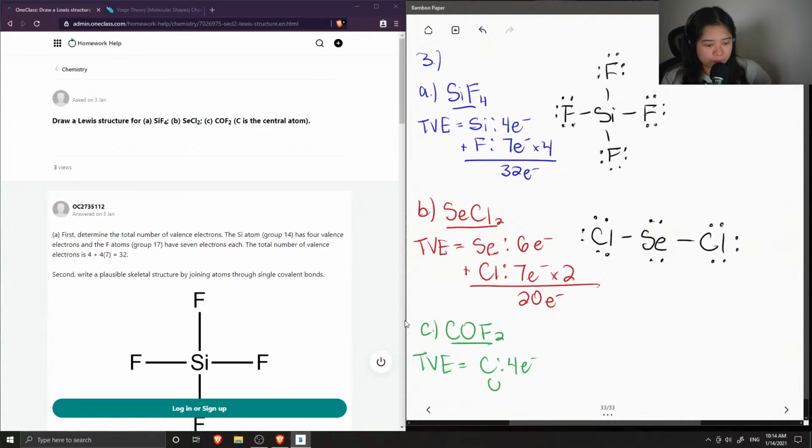So now let's calculate the total number of valence electrons. Carbon has 4, oxygen has 6, and fluorine has 7. And there are 2 fluorine atoms, so we just multiply this by 2. So if we add these all up, we get a total of 24 valence electrons.